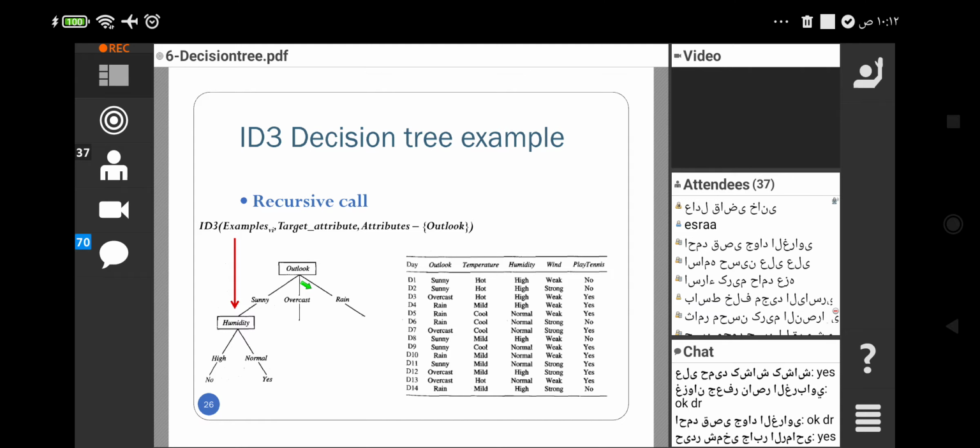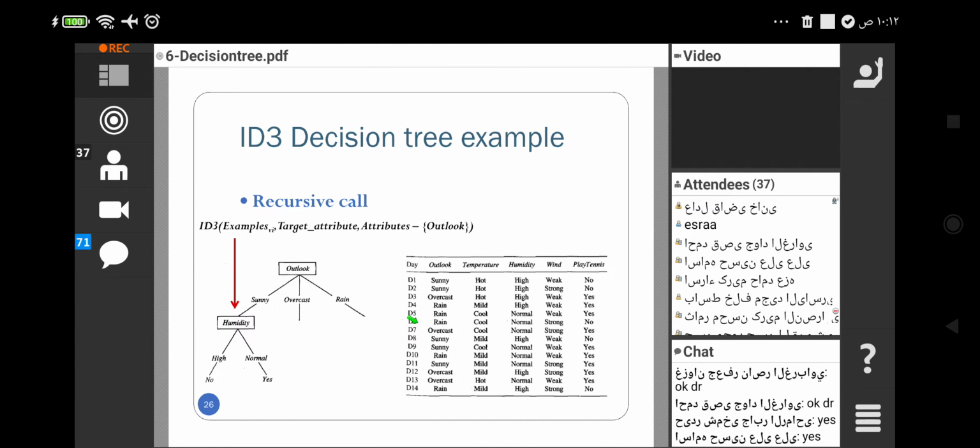So we go to this branch, outlook is overcast. We check in the data. The first condition says, are all of the data positive? We look here, outlook overcast, and we see it's positive.